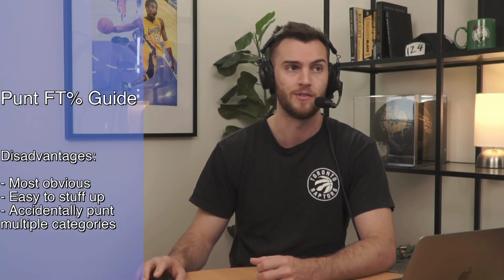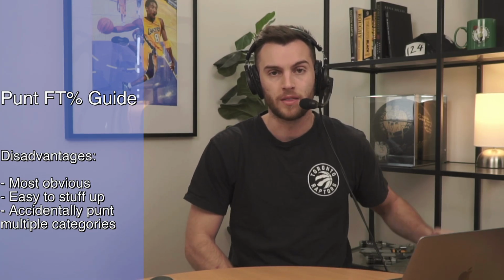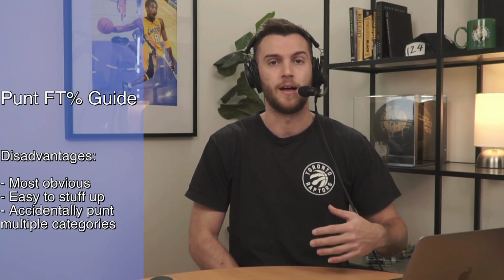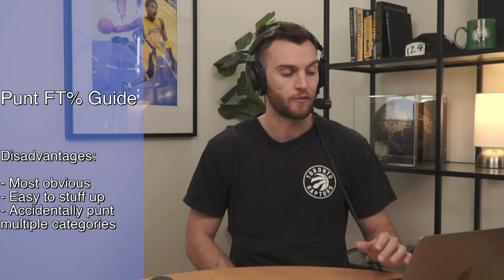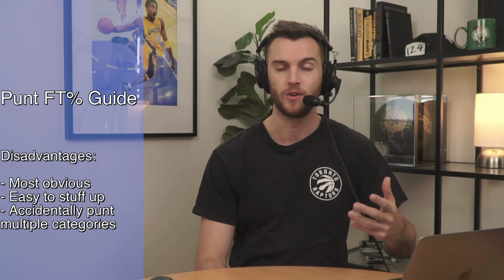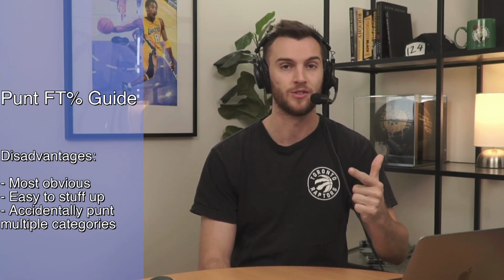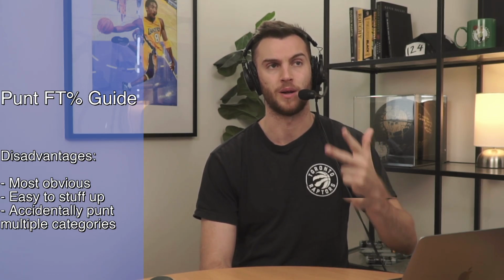And then the last one here is accidentally punting multiple categories. Remember we talked about the 4-category punt, the big man and the guard punt. It can be very easy when you're punting free throw percentage to draft Giannis. The urge is to go, okay, I'm already punting threes, I'm already punting free throw percentage, Giannis also nearly turns the ball over 4 times, I can punt turnovers.